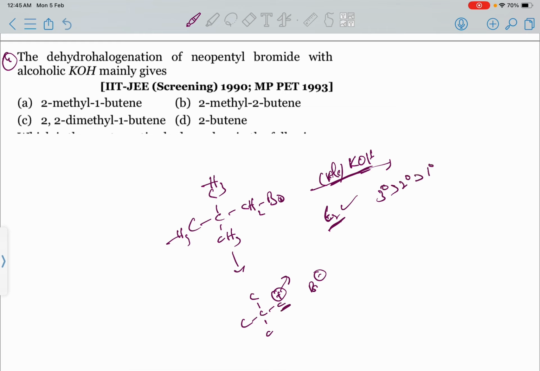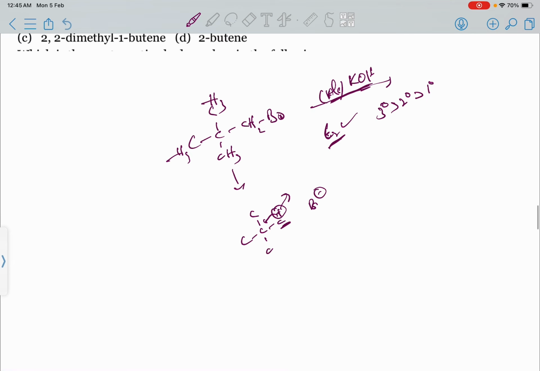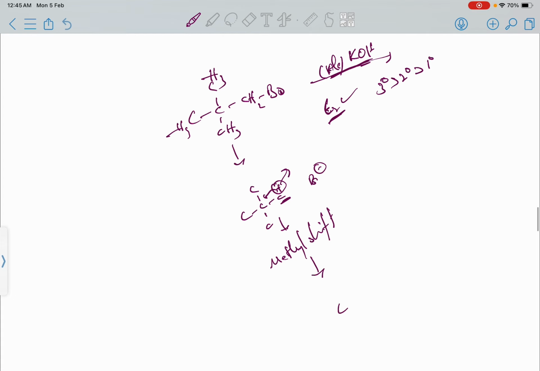So it is primary, right? It will be shifting here. This is called a methyl shift, in order to stabilize the intermediate. Okay, Nana, what is the intermediate here?